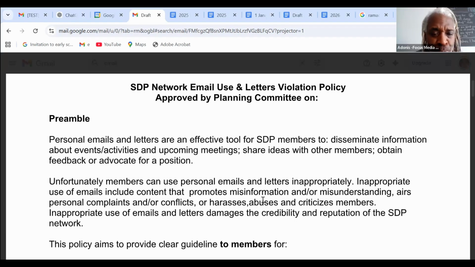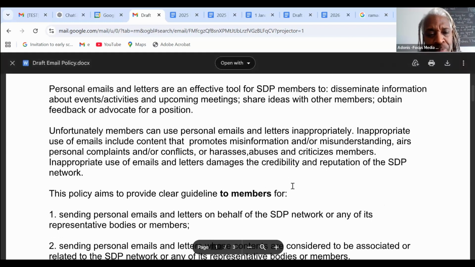Unfortunately, members can use personal emails and letters inappropriately. Inappropriate use of emails include content that promotes misinformation and/or misunderstanding, airs personal complaints and/or conflicts, or harasses, abuses, and criticizes members. Inappropriate use of emails and letters damages the credibility and reputation of the SDP.